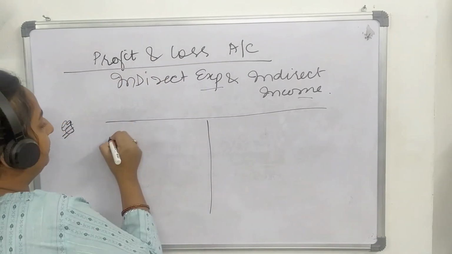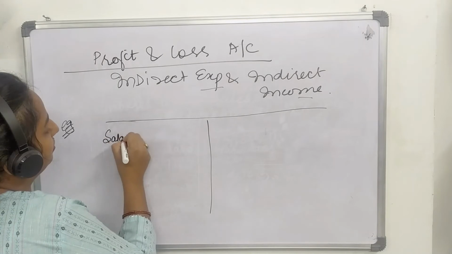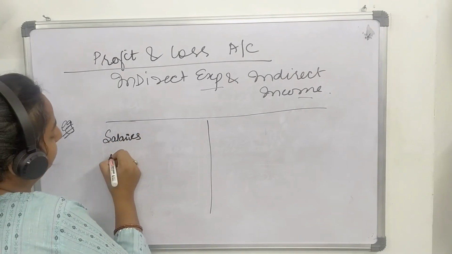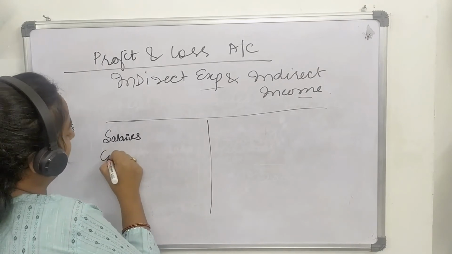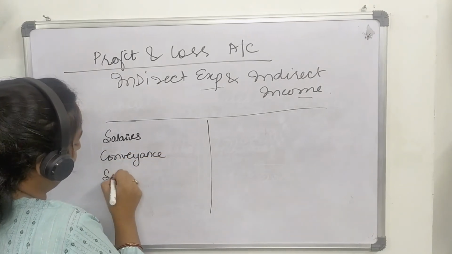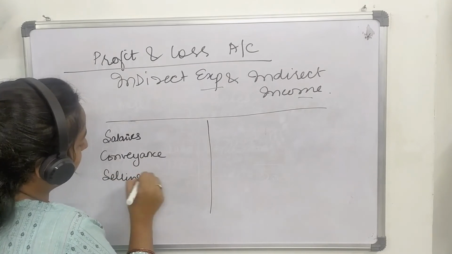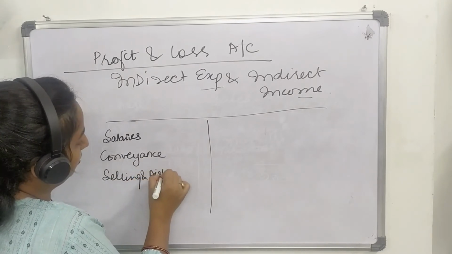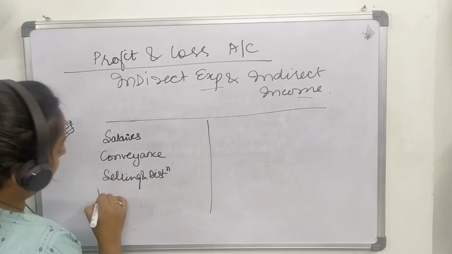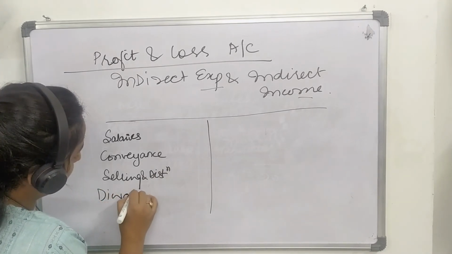For example, salaries paid, conveyance charges paid, selling and distribution expenses, Diwali expenses.